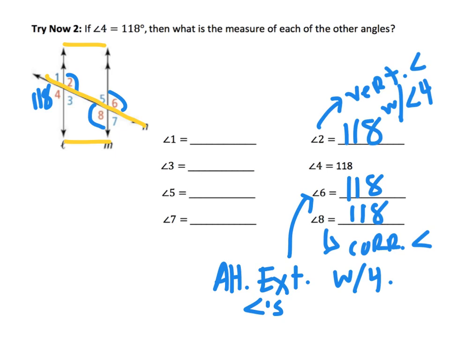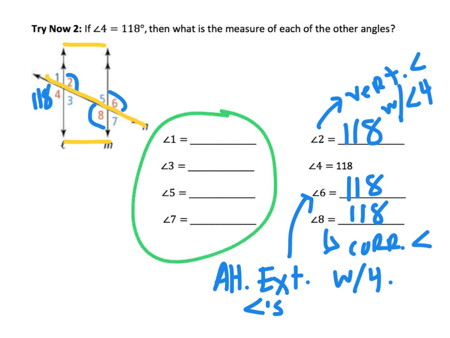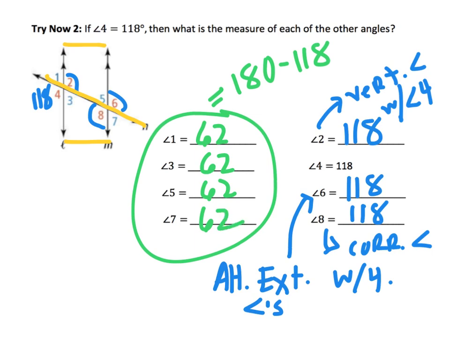Now the rest, as we learned on the slide before, are going to be 180 minus 118. And if I take 180 minus 118, I get 62. So that means each of these angles has to be 62. And those are all of our angles.